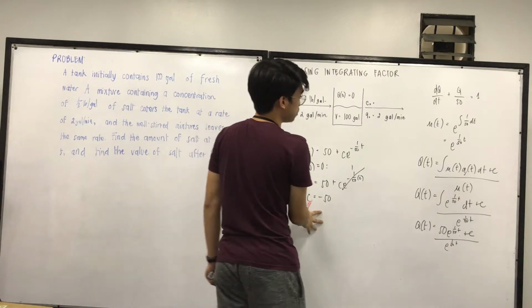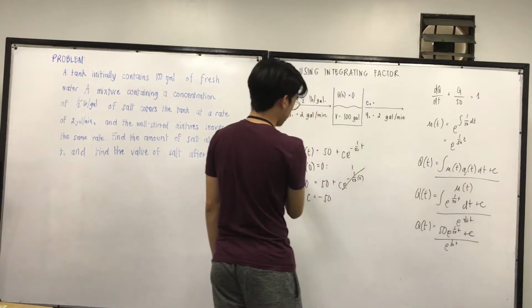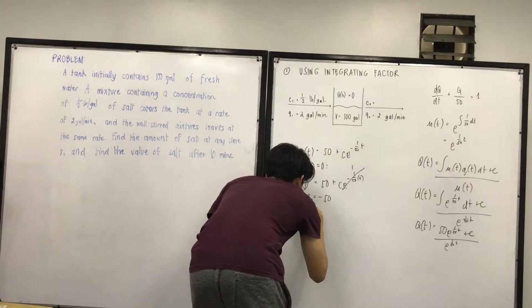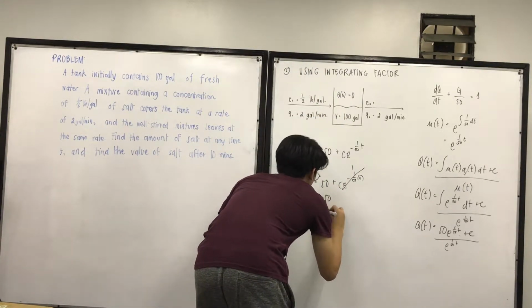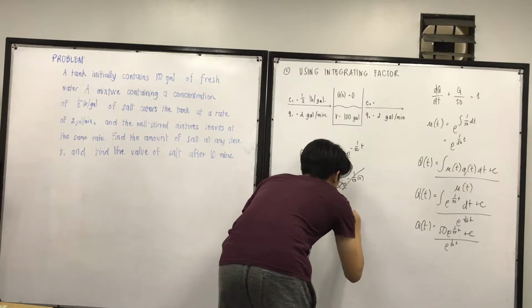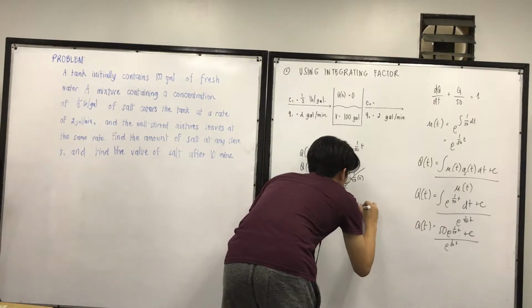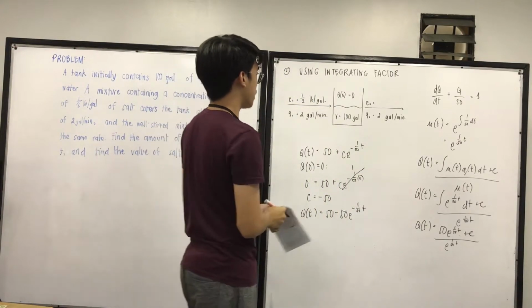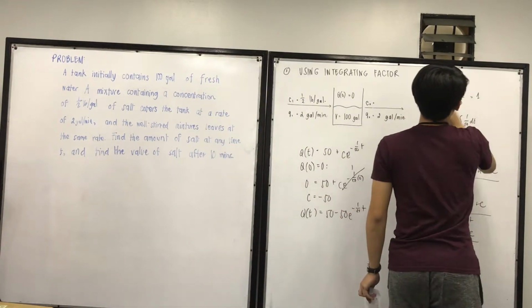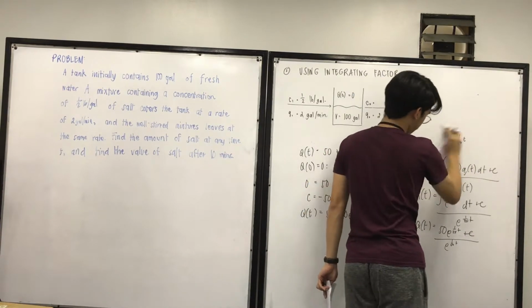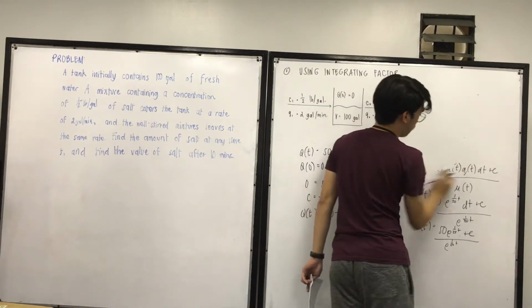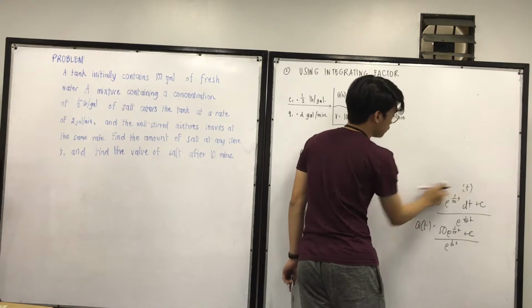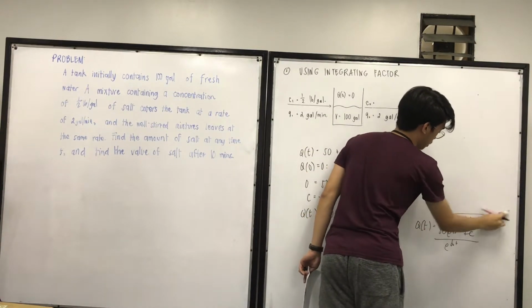So substitute this to the equation that we've got here. So q of t is equal to 50 minus 50 e raised to negative 1 over 50t. In the problem, we are asked to find the amount of salt after 10 minutes. So we'll just substitute the value of t to 10.